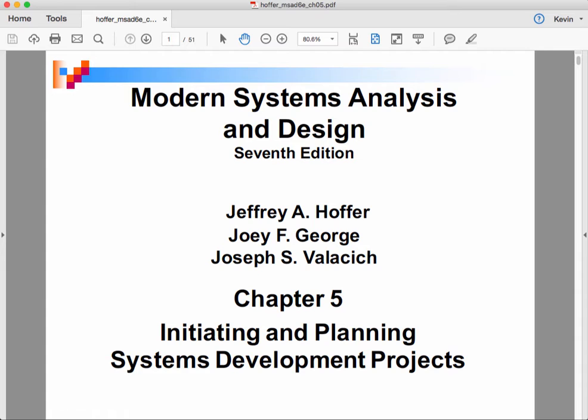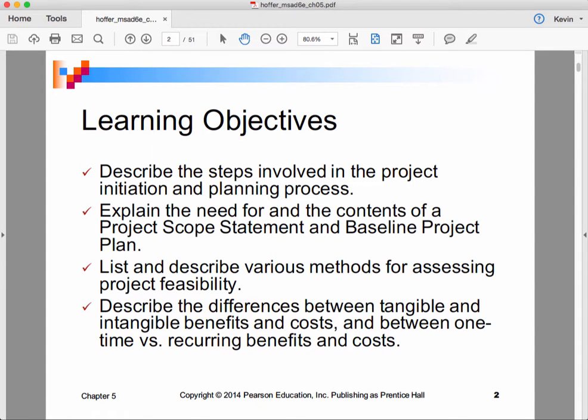And of course, the project manager and the systems analyst could easily be the same person playing two different roles. So that's why I think it's important to concentrate on this when training a systems analyst. So I'm not going to go through the learning objectives as I typically don't. I leave them for you to read on your own.